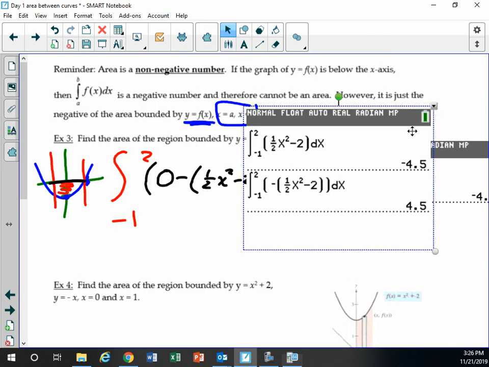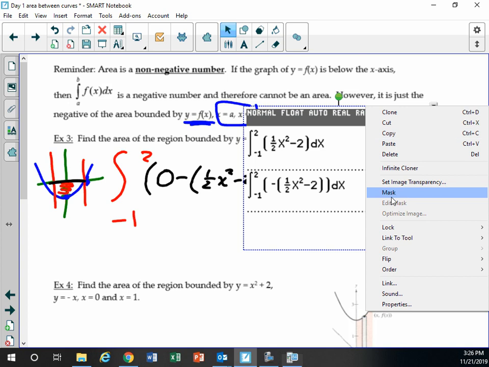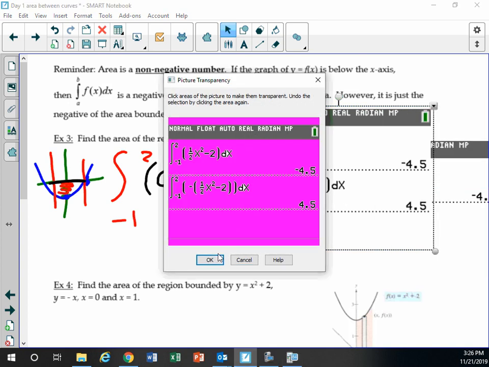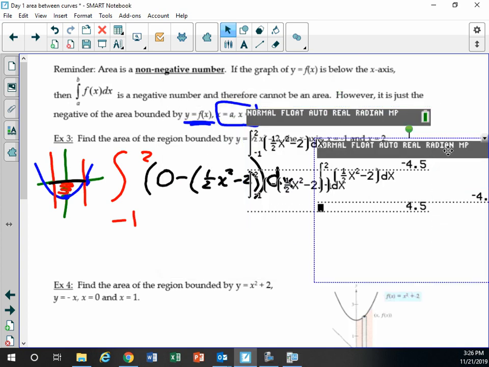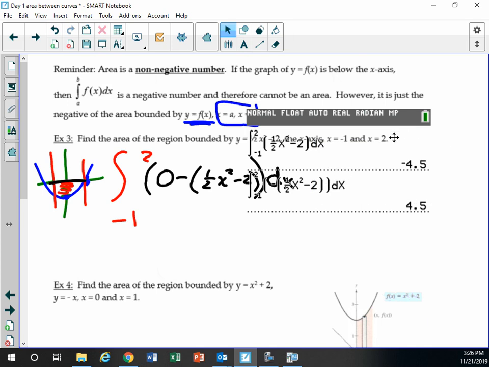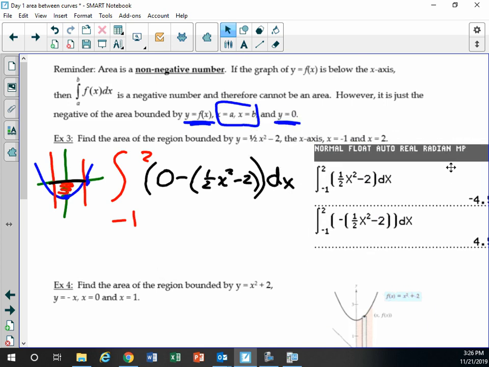Now you'll notice that it is a positive 4.5, which should make sense because we are talking about area under a curve and it's under the x-axis. So this is 4.5. The area that I was talking about is literally this area right here. It is underneath the x-axis, but because I'm also bounding it by the x-axis, it's not considered to be negative area.